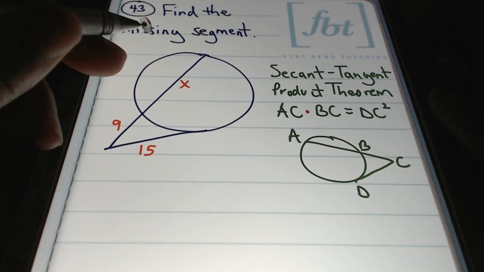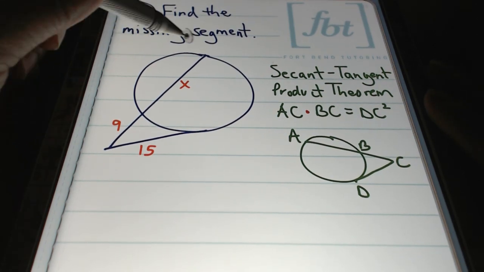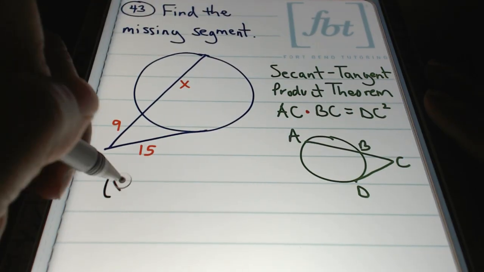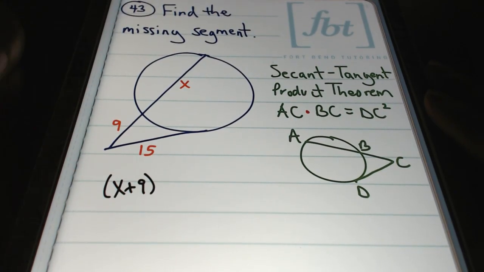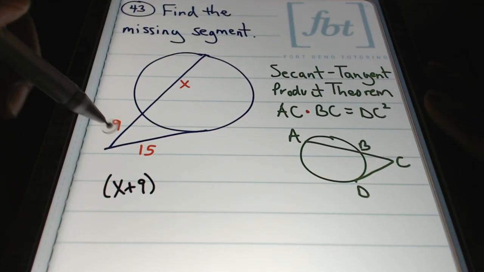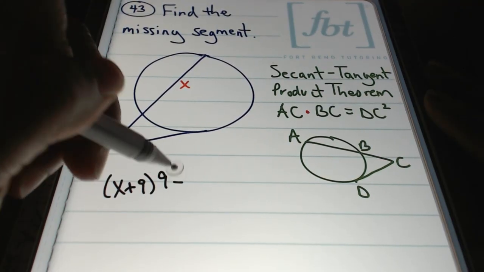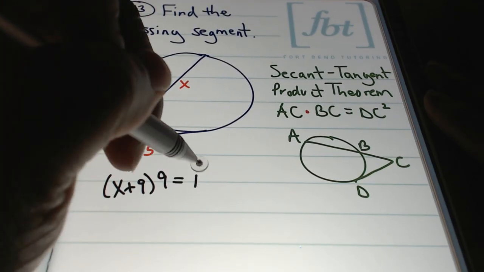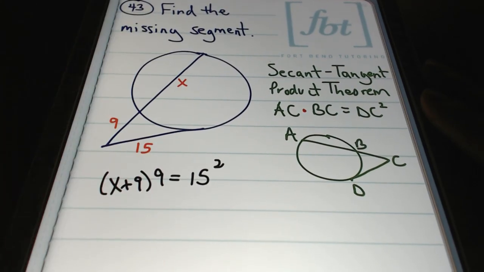I can say that this total length here, x plus 9, times the value of 9 here, this distance here, has to be equivalent to our tangent segment here squared. All right, so this is our setup. We have x plus 9 times 9 equals 15 squared.